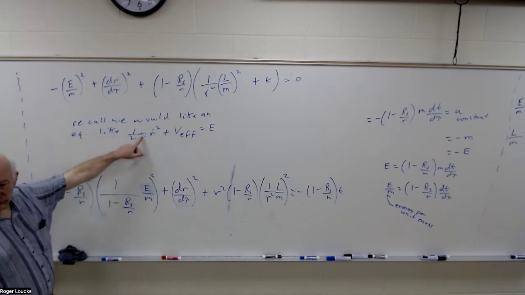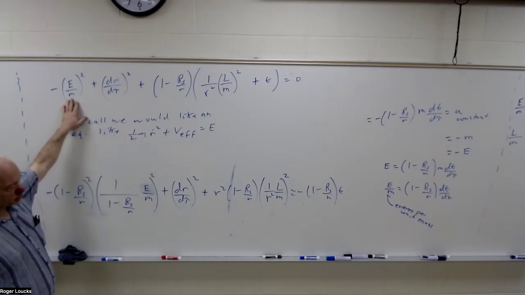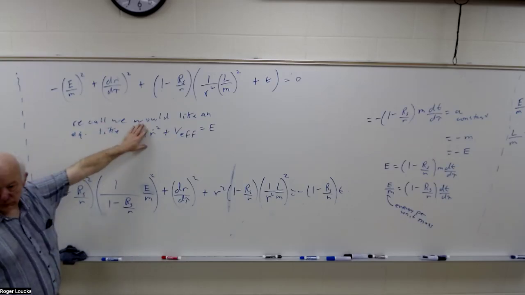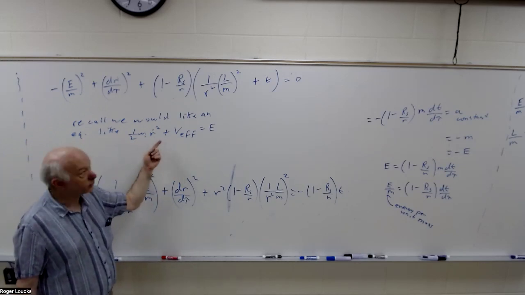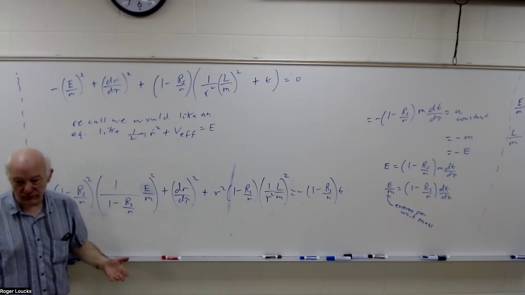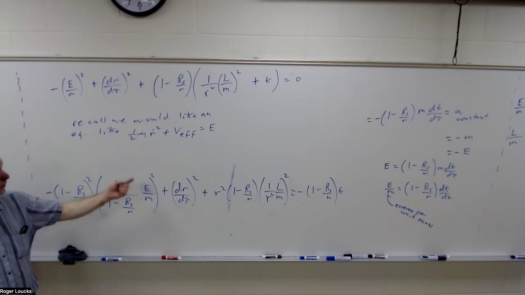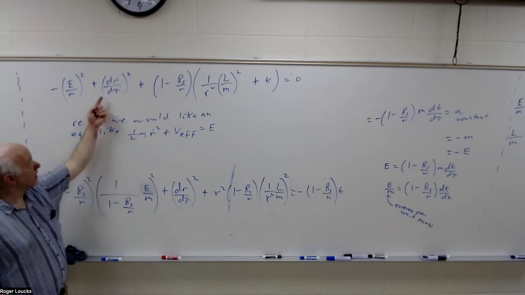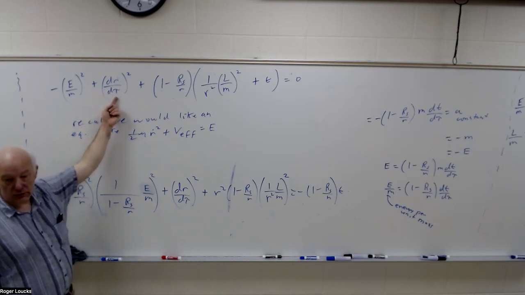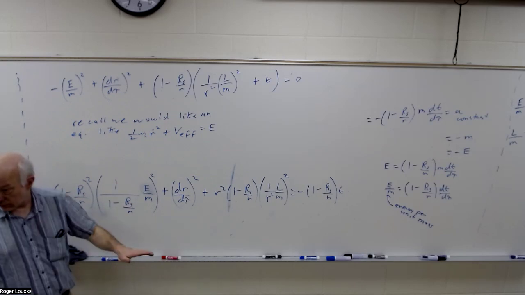First of all, I don't have to worry about this mu. How come? Because I'm having these things like per unit mass. So I'm not gonna worry about this mu. I can always just divide through by this mu and I have something like an r dot squared. This looks like an r dot squared, but what is missing? A half. So I can multiply everything through by a half, just so I have a term that has 1/2 and looks like r dot squared. That's the only reason I'm doing that.